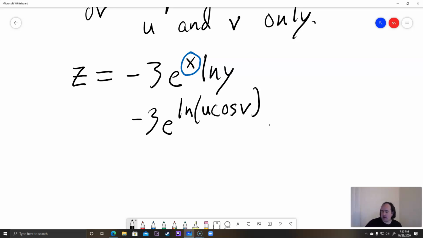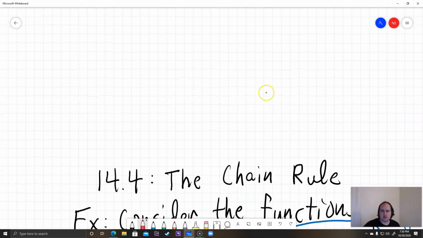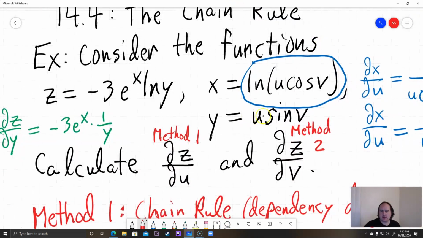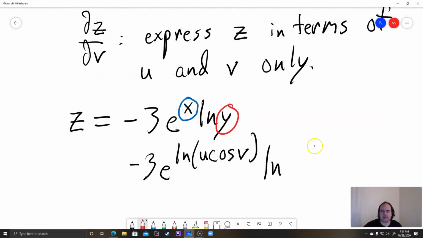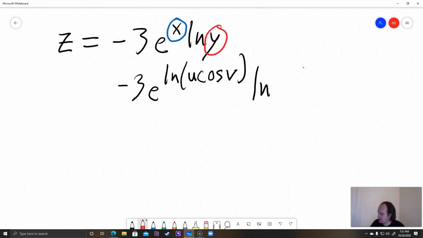And then for ln of y, we need to plug in the expression they gave us for y in terms of u and v. So they told us that y equals u sine of v. So we're going to be plugging in u sine of v for y. Okay, so we have ln of u sine of v. Sorry, wrong color.